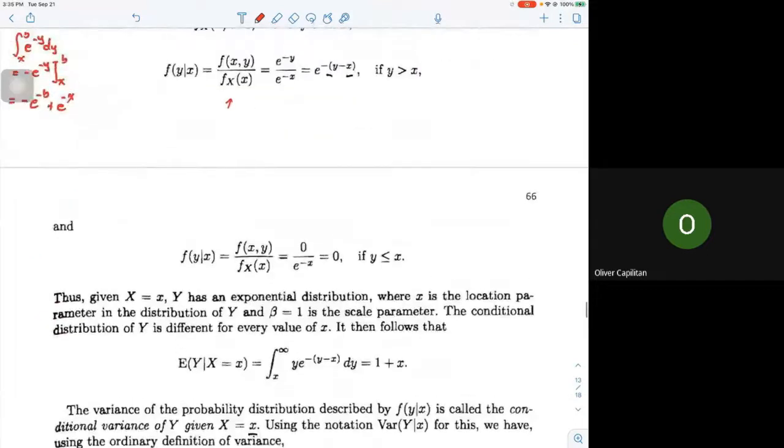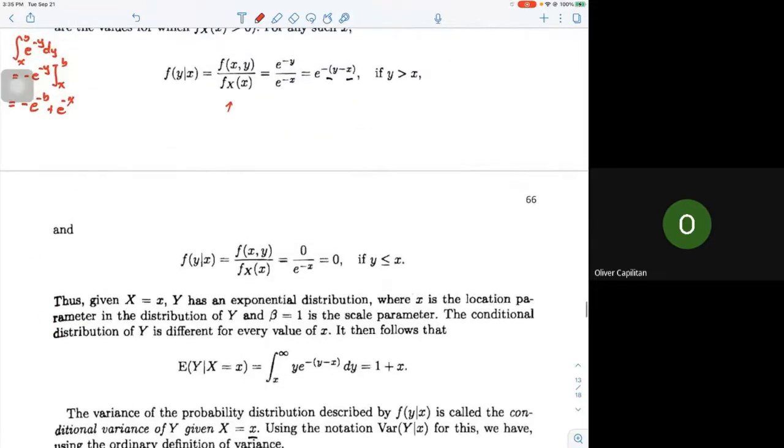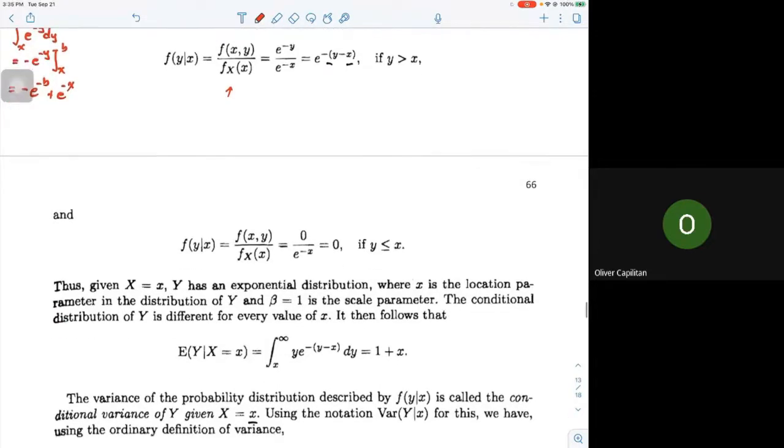This is for y greater than x, and for y less than or equal to x it is equal to 0. So it's an exponential distribution, and we consider x as our location parameter. I have discussed this in the last part of chapter 3. X is the location parameter, and the scale parameter, which we denote by beta, is equal to 1.